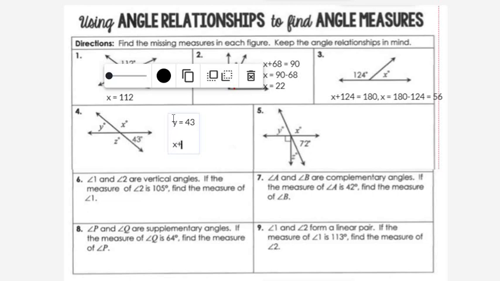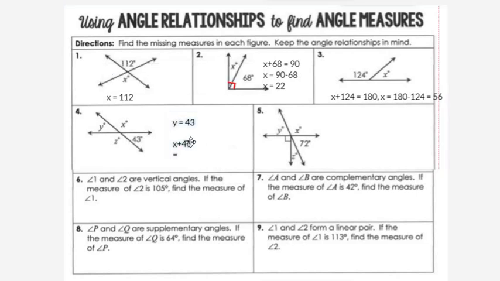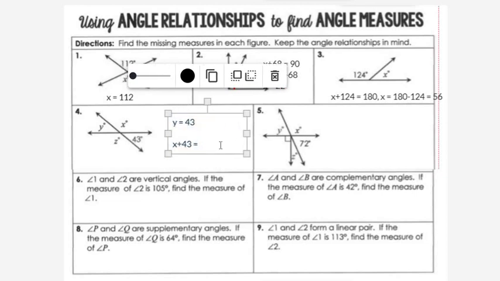So x plus 43 degrees is 180. And therefore x will be 180 take away 43. And that is going to be 36. No, sorry, 37.